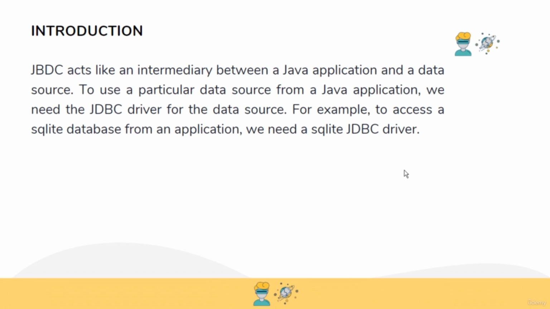JDBC just acts like an intermediary between a Java application and a data source. I think now you have the idea of what JDBC is. To use a particular data source from a Java application, we just need the JDBC driver for the data source. For example, to access a SQLite database from an application, we need a SQLite JDBC driver.